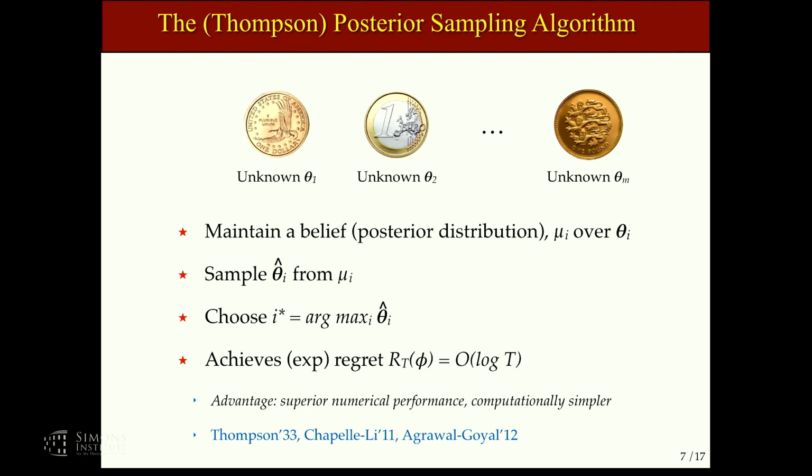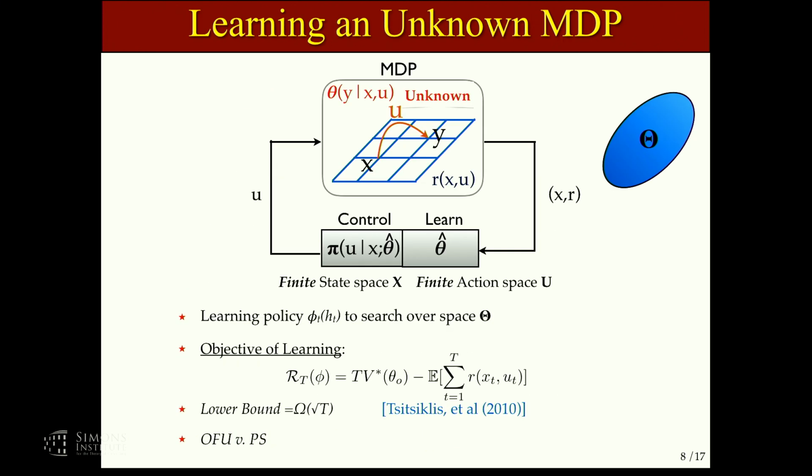OK, so now after all this, let's go revisit the problem that I had set out with, which is to find a learning policy for an unknown MDP. And the learning policy, of course, is going to be a function of the entire history that you see up to time t. And we would like this learning policy to search over some parameter space theta. Okay?